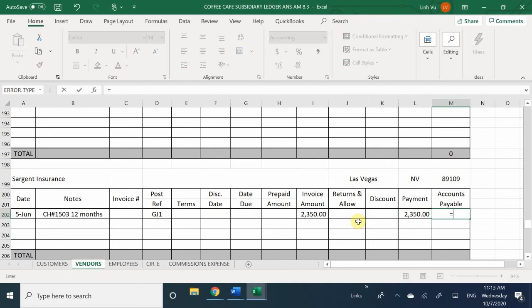All right, so therefore, you're going to create your formula again, which is to take your total invoice amount, subtract any prepaid accounts, subtract any returns and allowances, subtract any discounts, and lastly, to subtract any payments. So in this case, you owe Sargent Insurance $0.